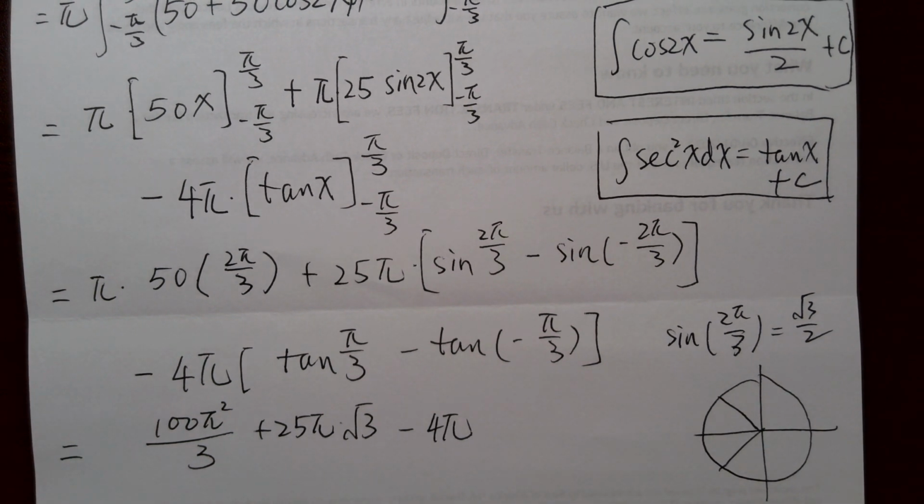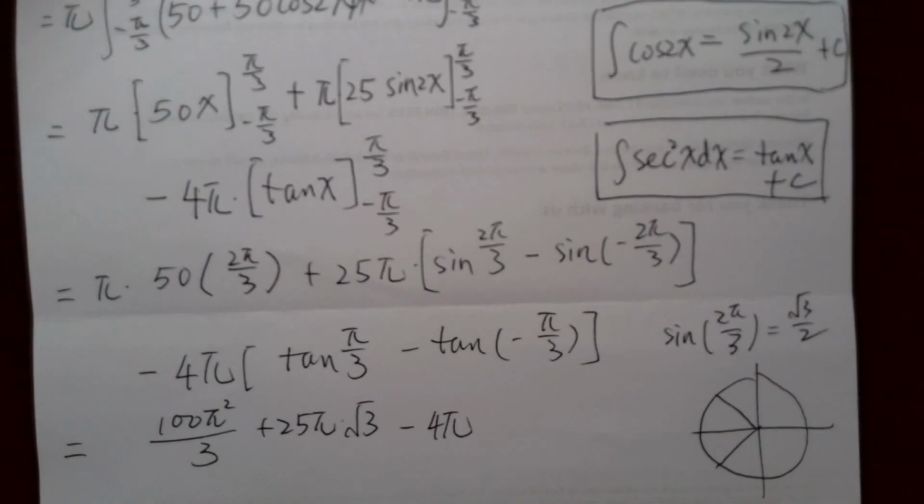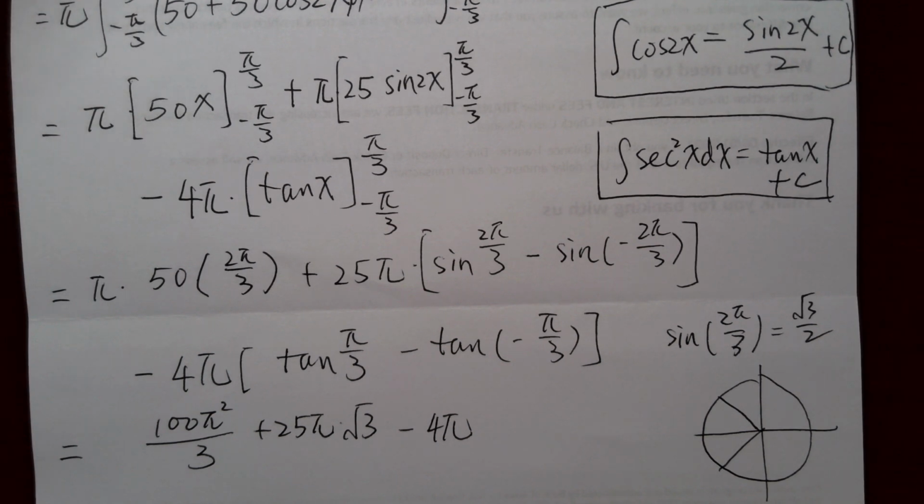And then we have tan of pi over 3, which is square root of 3.